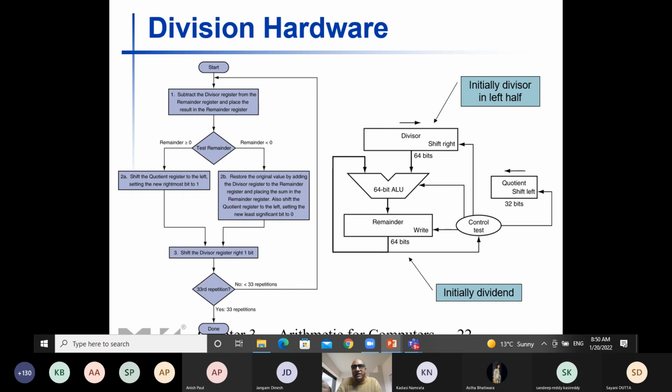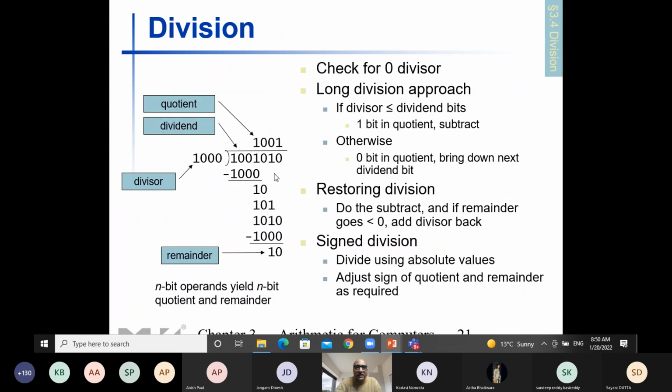So instead of bringing this bit here, we are shifting the divisor towards the left so that the divisor now covers the next bit of the dividend, bit by bit, covering the desired bits of the dividend.